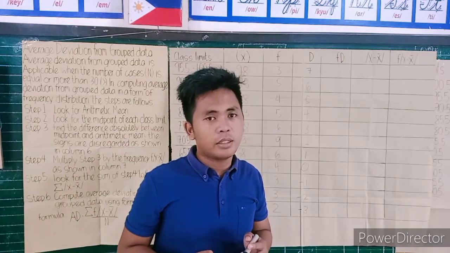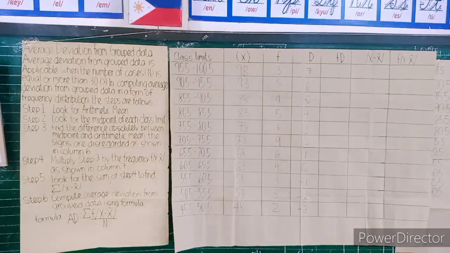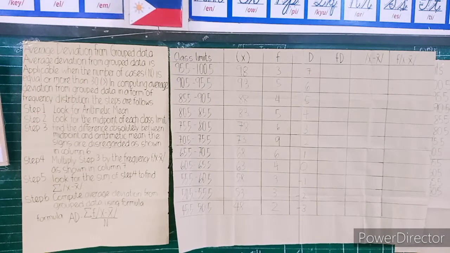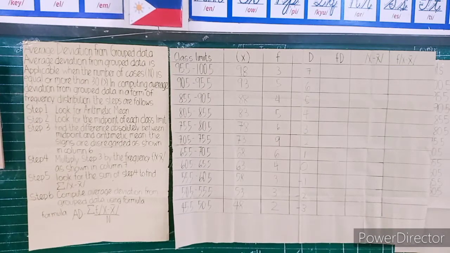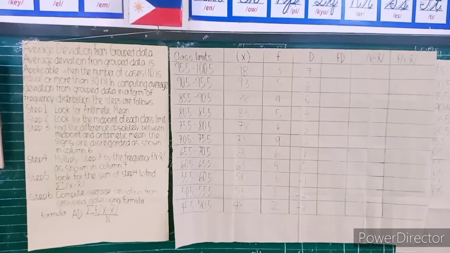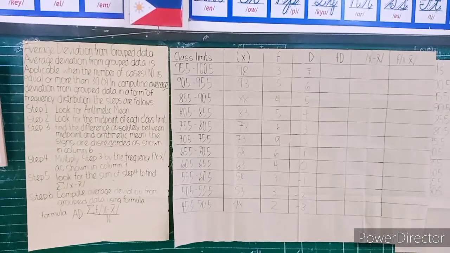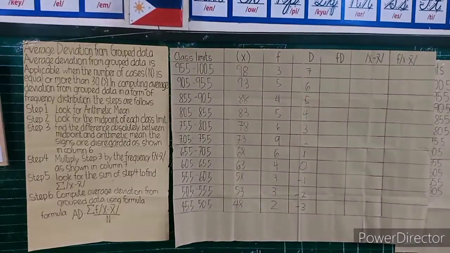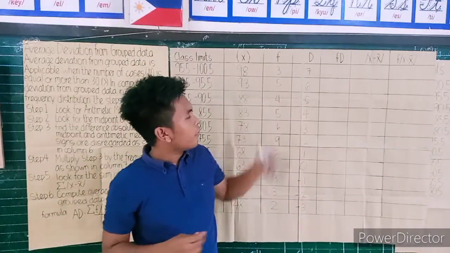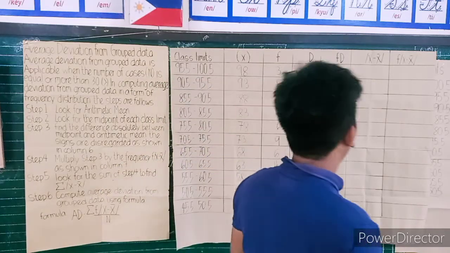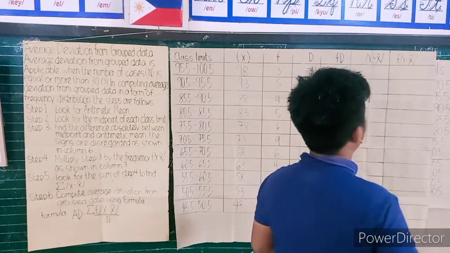Are we clear? Okay, so in order to get the frequency deviation, we need to multiply.